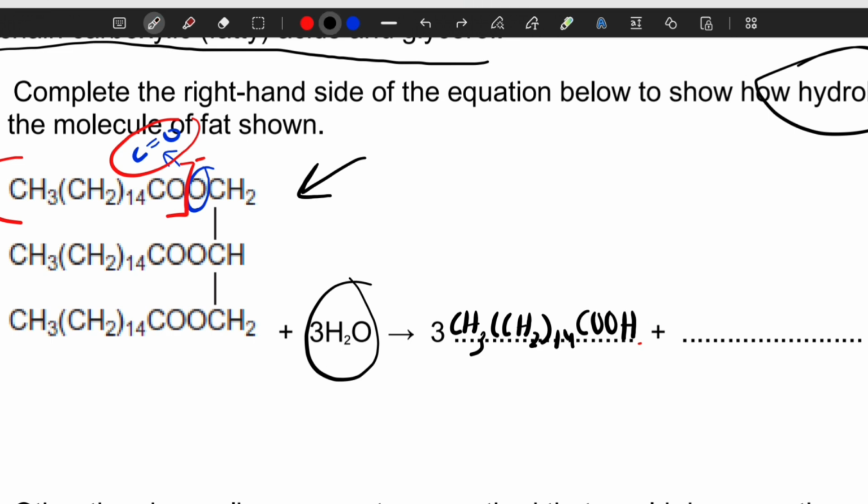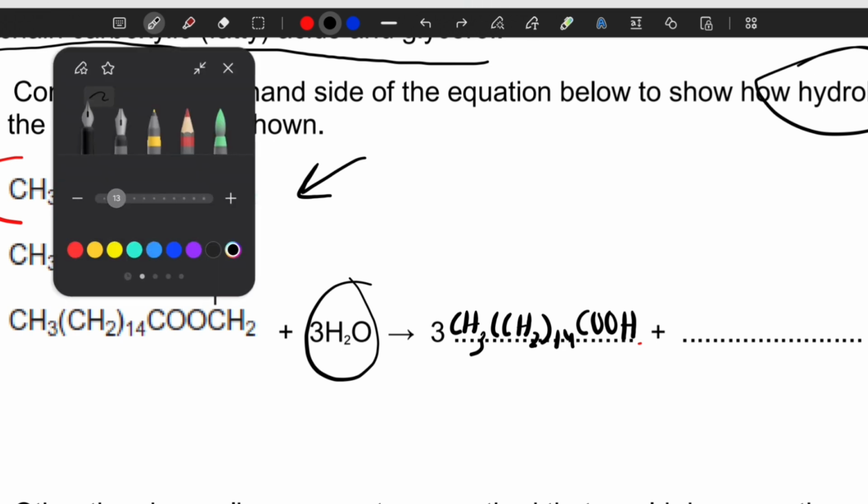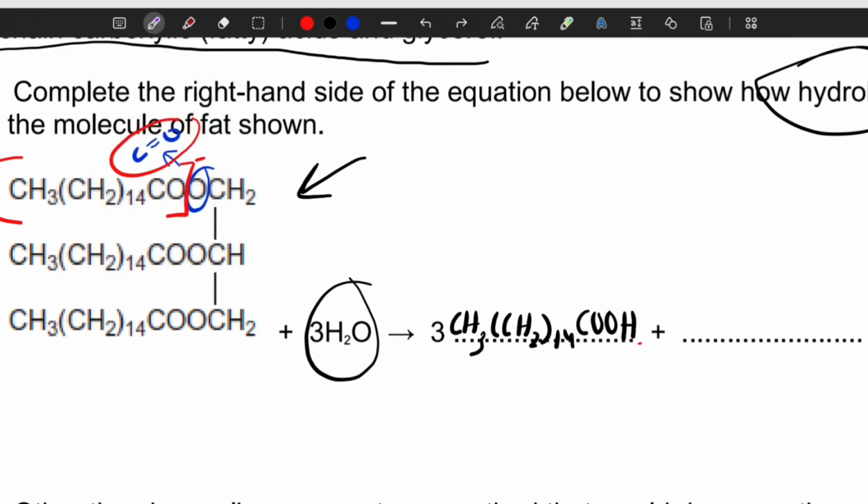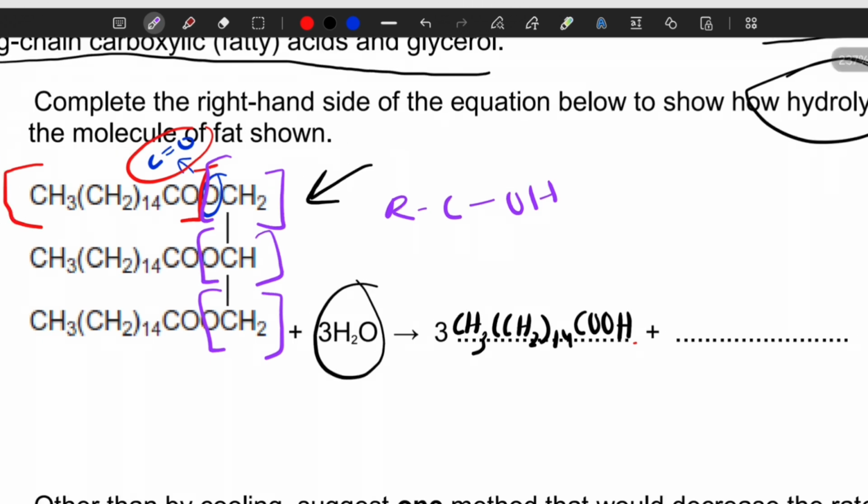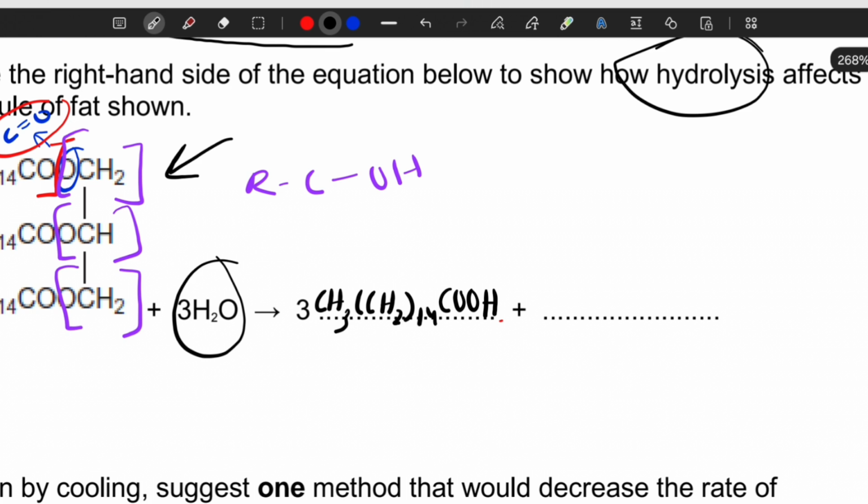And it also creates an alcohol. So since that molecule is broken off, the red part is gone, bye bye. We have this now. And remember, an alcohol basically looks like this. We have our ester oxygen left in these molecules, which means it's going to have an H at the end. So basically, the answer is just writing CH2OH.